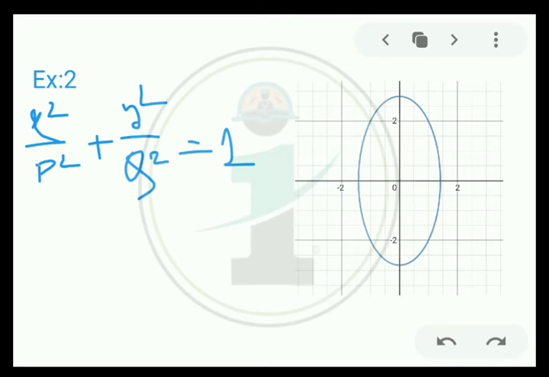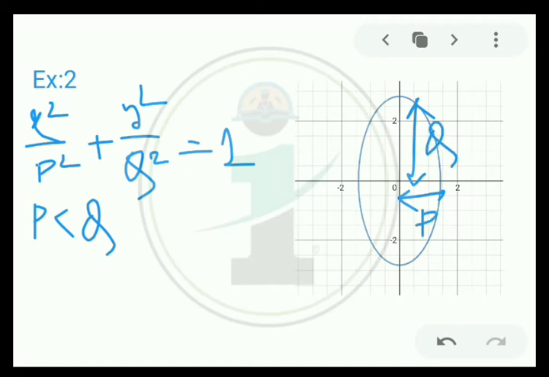But here you can see that the value of p is less than q. So here p is the semi minor axis and q is the semi major axis. So this is p and this is q. So this is what an ellipse is.